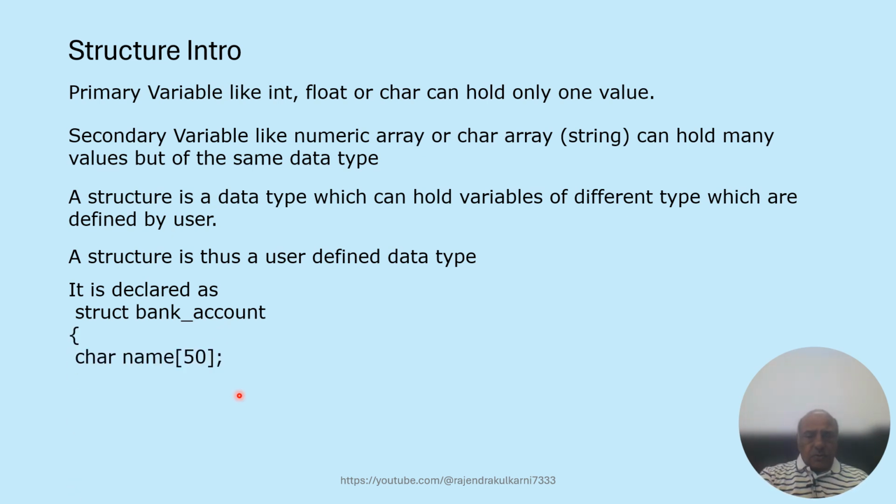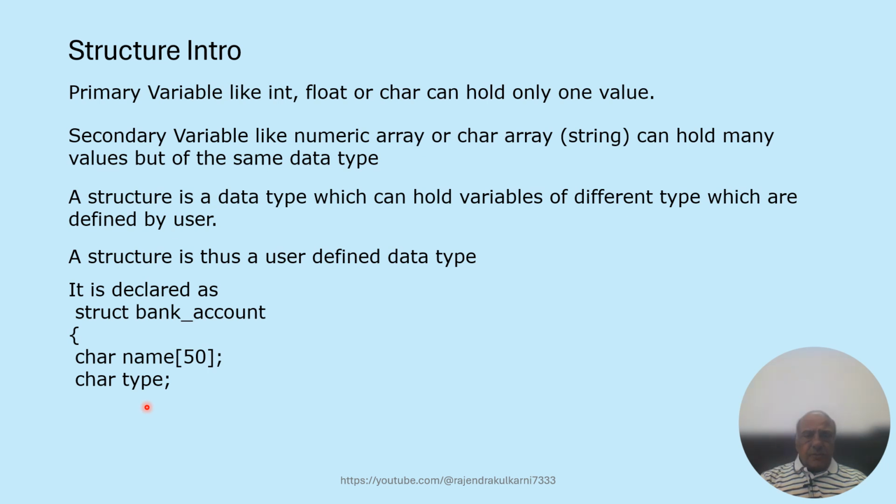Then there is an opening brace and then the elements of the bank_account structure: char name, which is a string with dimension 50, and char type, which is a char type variable.